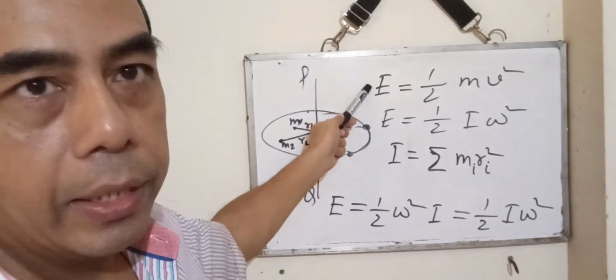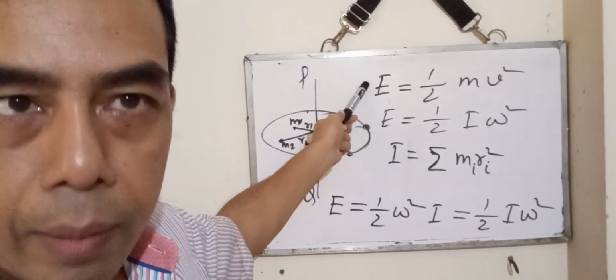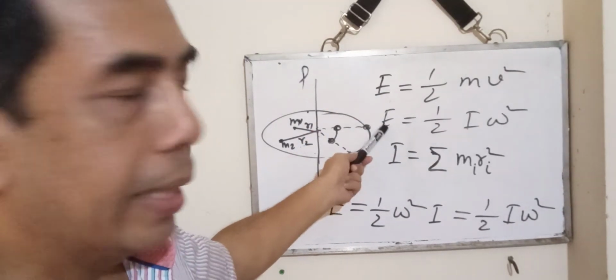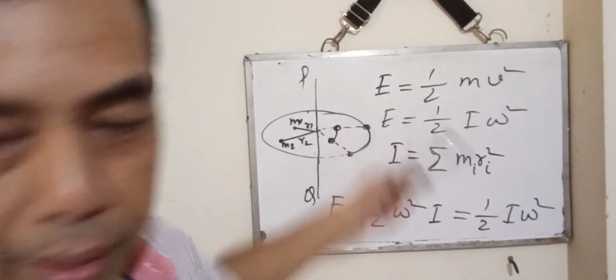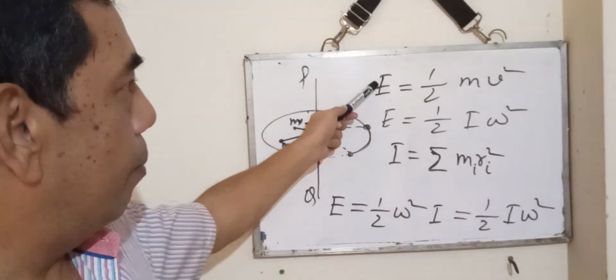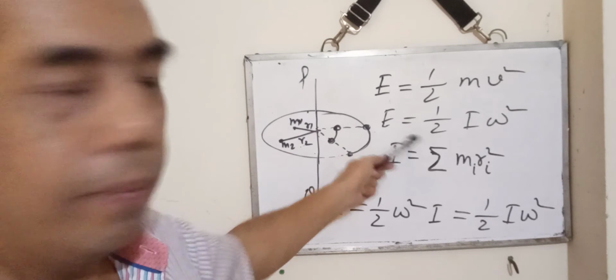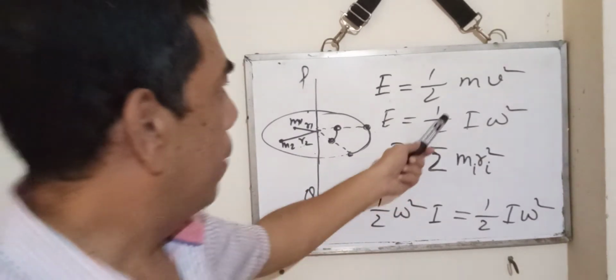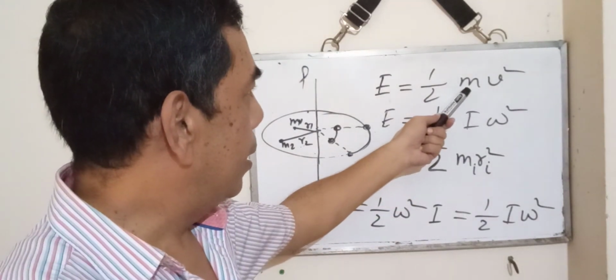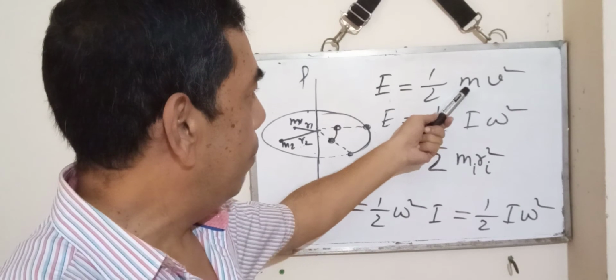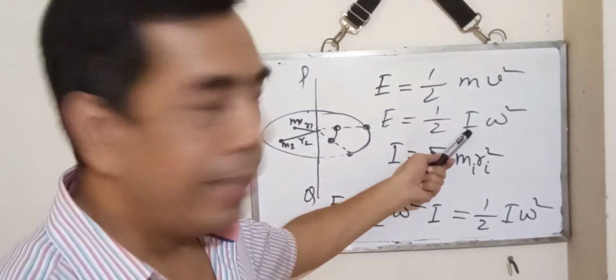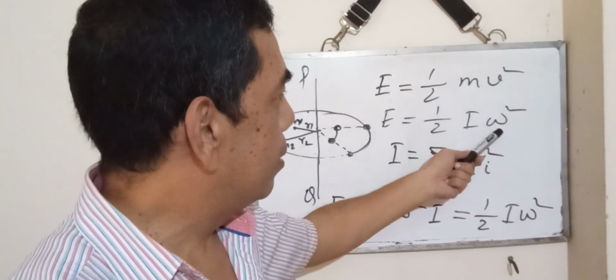This is the kinetic energy for linear movement and this is the kinetic energy for angular movement. Just instead of m there is I, and instead of v there is omega.